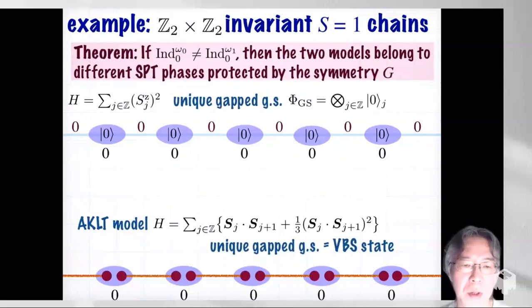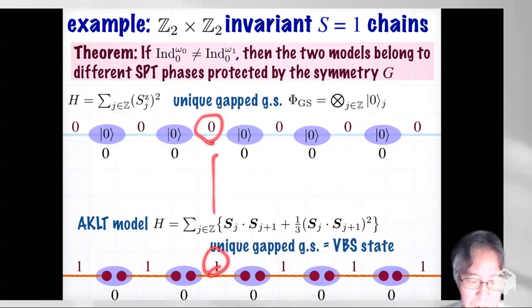Of course, it's trivial. And of course, the second example is the AKLT model with this VBS state. And in this case, again, Pollmann, Turner, Berg, and Oshikawa computed the index. I explained the calculation, and you get 1. And now you pick a bond and compare them. And of course, they are different.